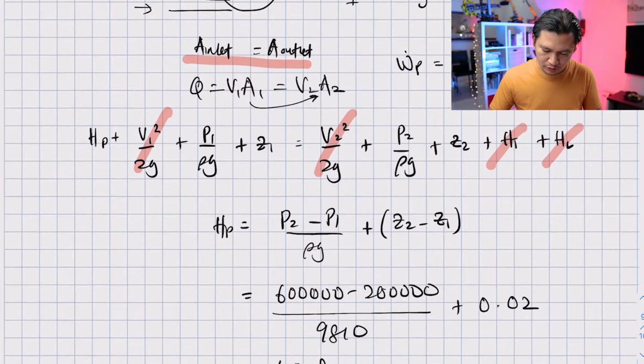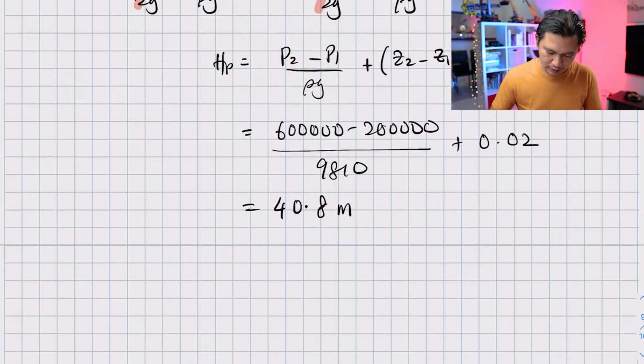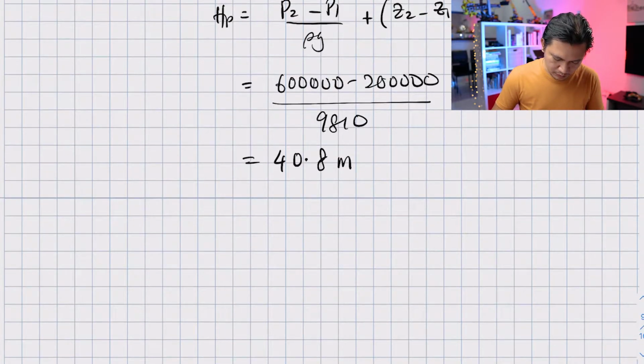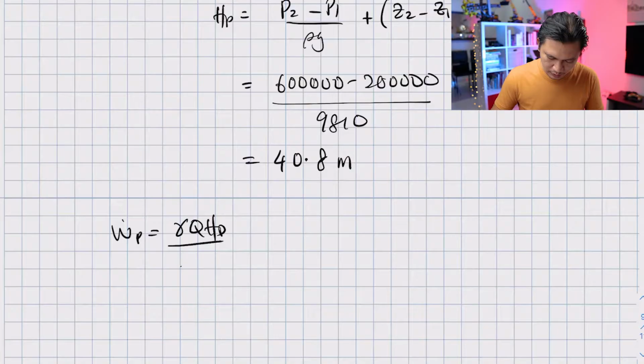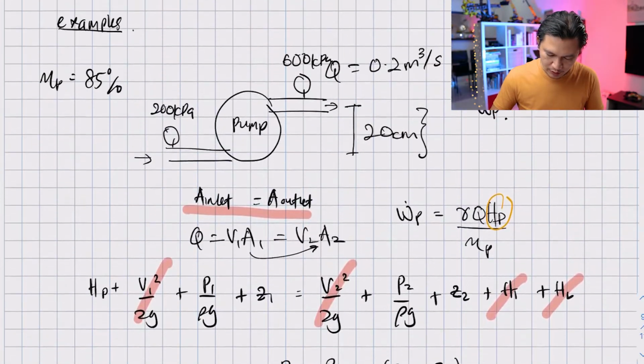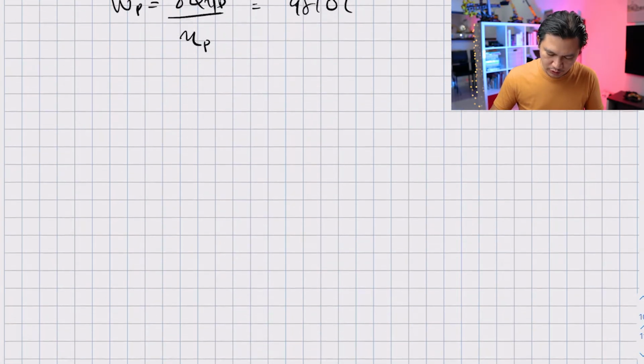So, to get W dot P, I'm going to write this equation again. W dot P is equal to rho G Q HP over eta P, which is 9810 times Q. Our Q is 0.2 meter cube per second.